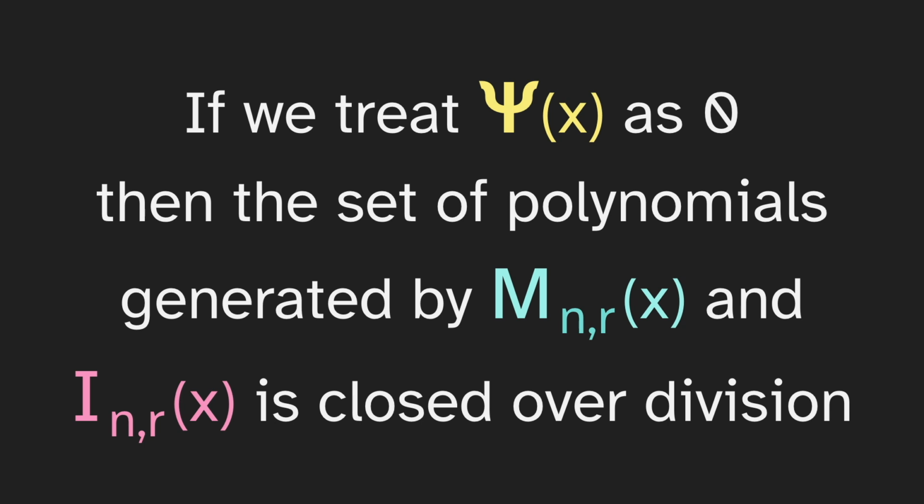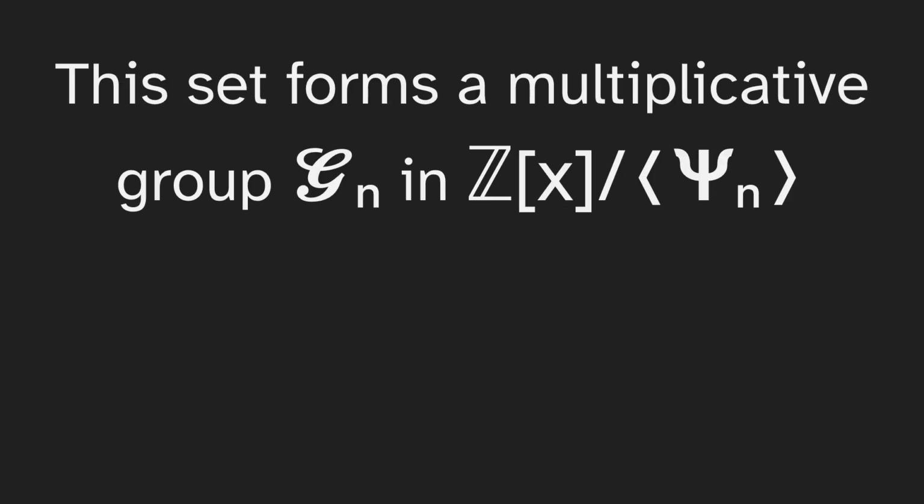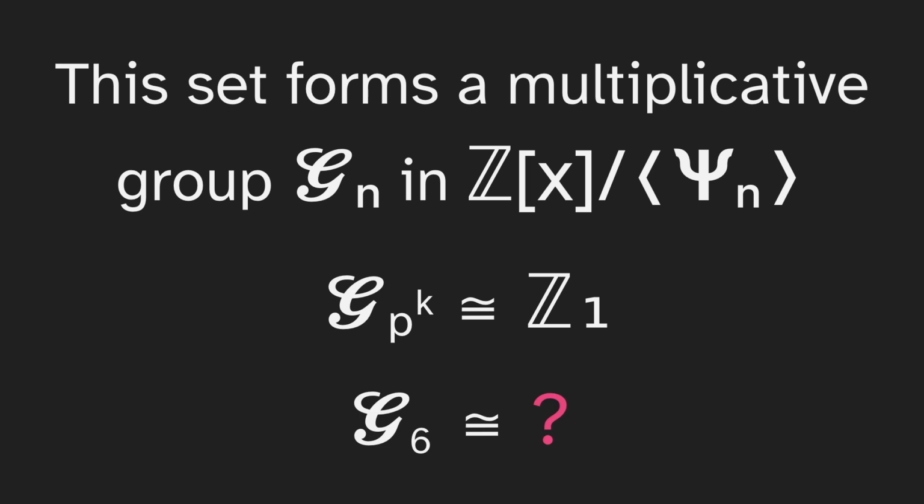And to state this in abstract algebra terms, this set forms a multiplicative group G sub n in the factor ring of integer polynomials over the ideal generated by psi sub n. For a prime power, this group has only one element, 1, so it's isomorphic to Z1. And for the interested viewer, I'll leave a question. What does G of 6 look like?